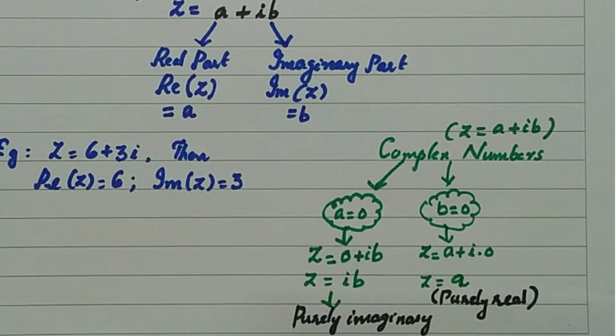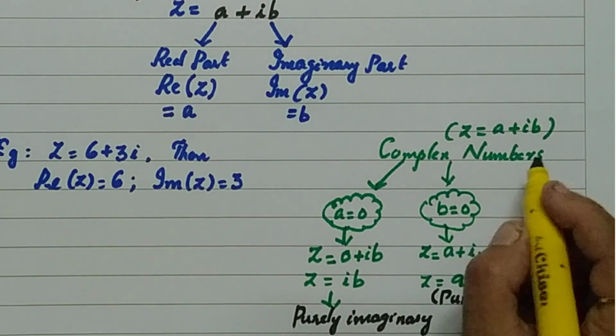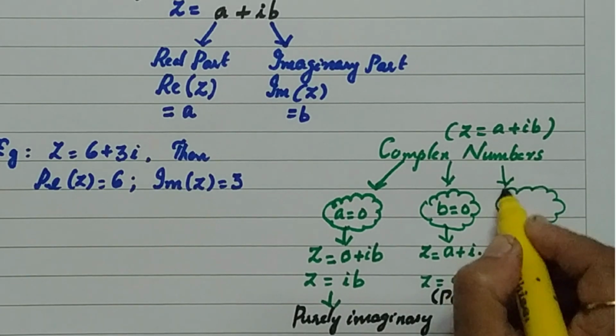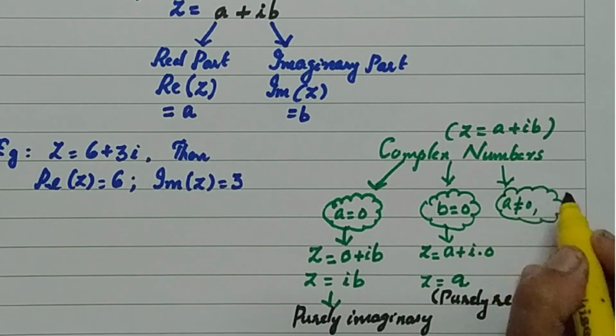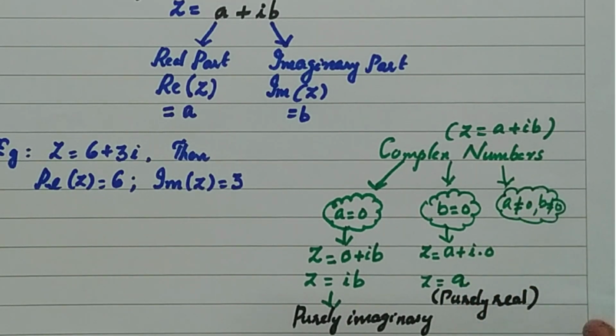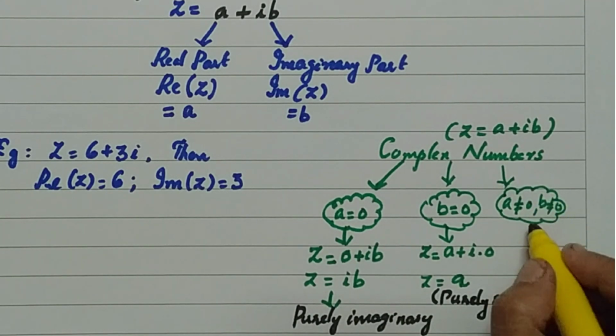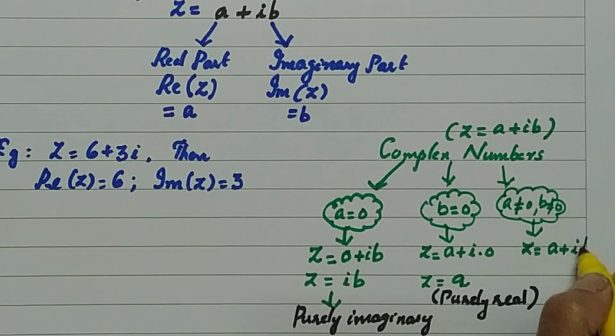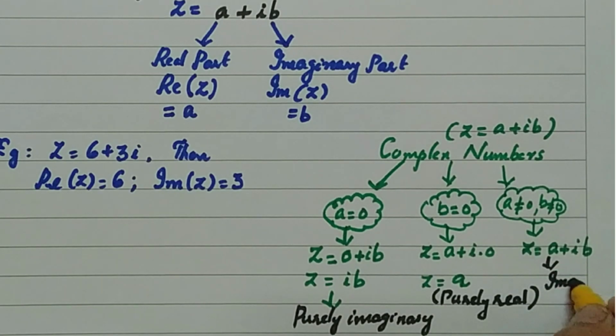And come to the last case. The last case is the original number itself, when both a and b are not equal to 0. When both are not equal to 0, the given complex number z equals a plus ib, which we call an imaginary number.